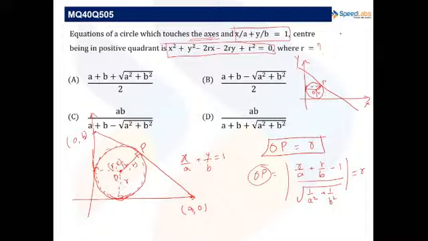And we know if we have some external point x1, y1 and line ax plus by plus c equals to 0, then the perpendicular distance is given by mod of ax1 plus by1 plus c whole upon under the root a square plus b square. Now we will get this condition.